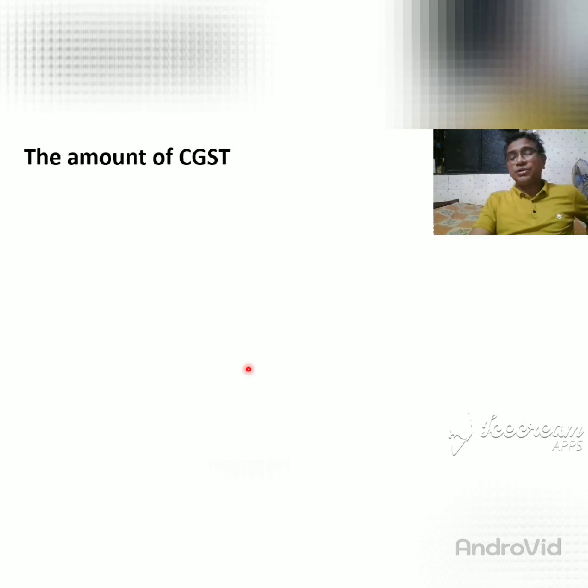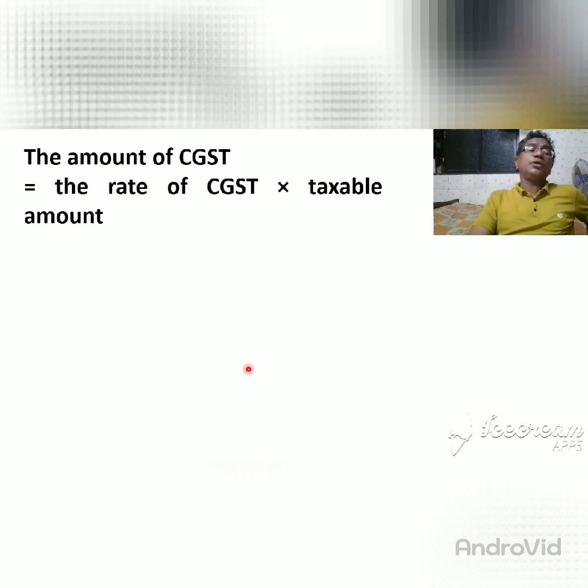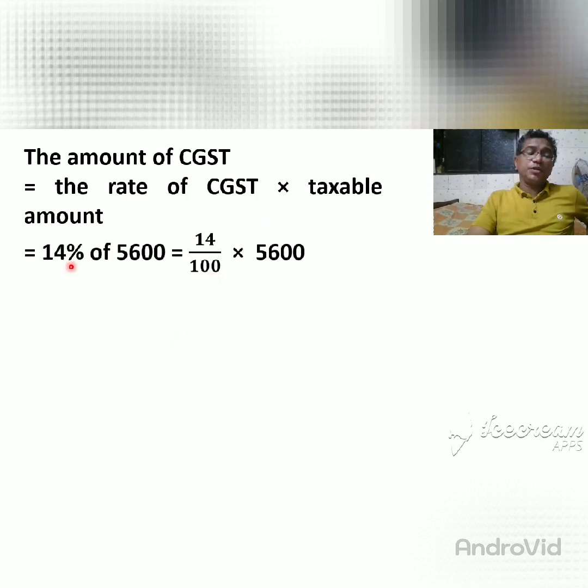Then CGST is equal to the rate of CGST into the taxable amount. So CGST is 14% into the taxable amount 5600. So 14 upon 100 into 5600. This 100 and these zeros cancel.